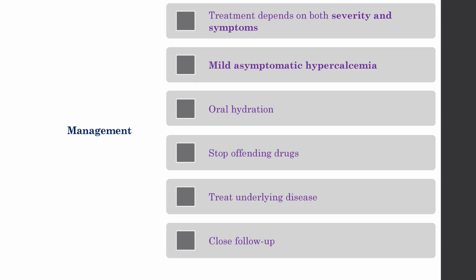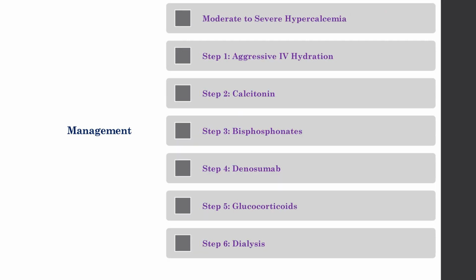Treatment depends on both severity and symptoms. Mild asymptomatic hypercalcemia often requires oral hydration, stopping offending drugs, treating the underlying disease, and close follow-up. Moderate to severe hypercalcemia is a medical emergency if symptomatic.